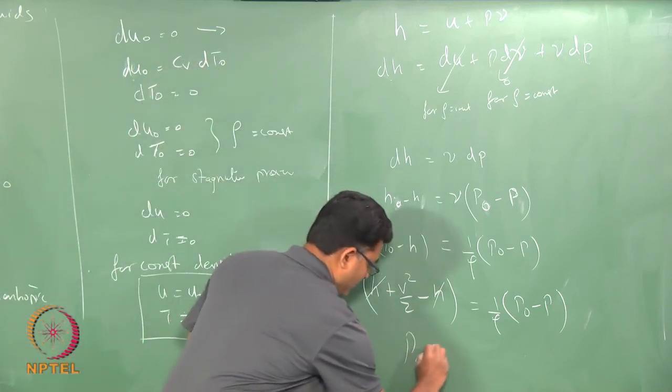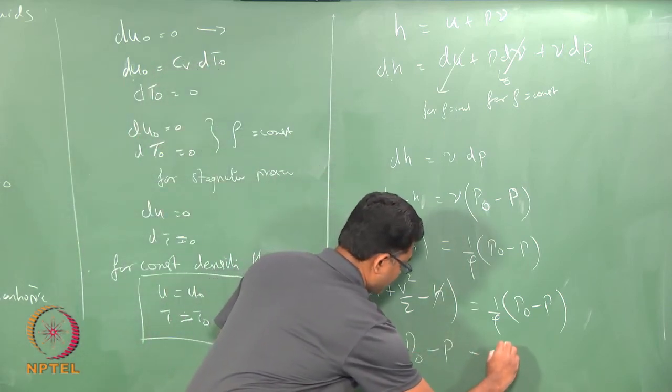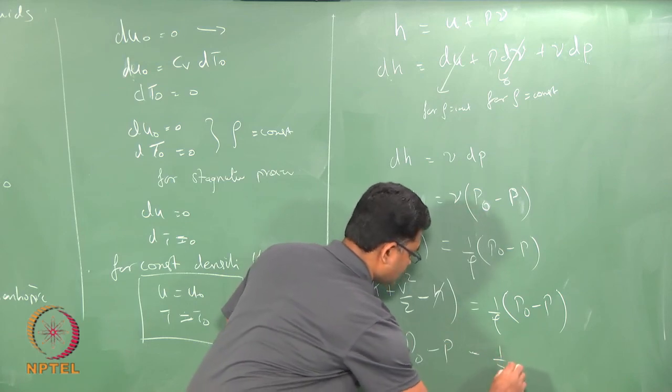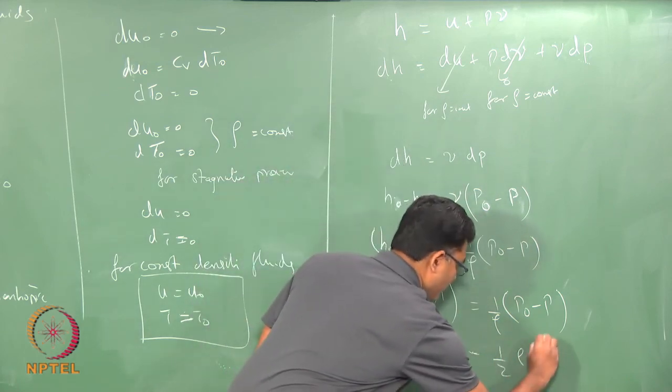So, my P0 minus P is 1 by 2 rho V square.